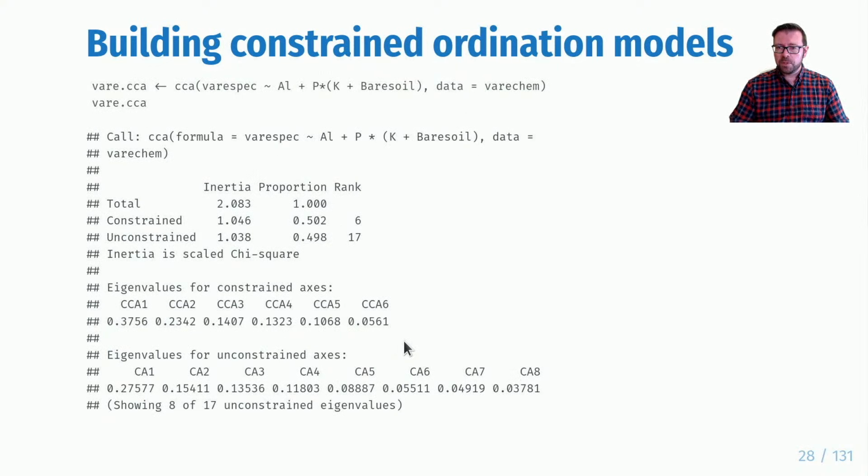Okay. And just to show the kinds of models that you can fit, if you have any background in fitting regression models in R, then this formula here is saying I want a main effect of aluminium, a main effect of phosphorus, a main effect of potassium, a main effect of bare soil, and then interactions between phosphorus and potassium, and phosphorus and bare soil.